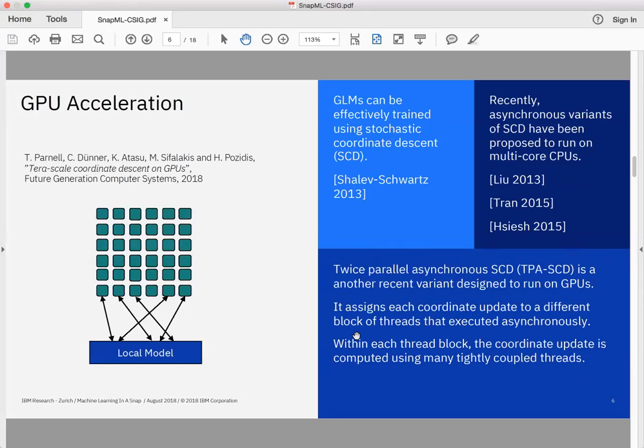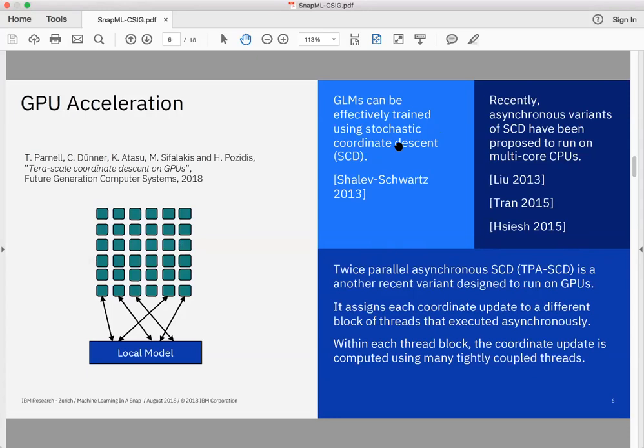So yeah, this slide describes the GPU acceleration in a bit more detail. As I mentioned before, the state of the art for training linear models is not to use stochastic gradient descent, which is the state of the art for deep learning, but rather a new algorithm, which is actually an old algorithm, but its nice properties for training GLMs was discovered in around 2013, and it's called stochastic coordinate descent.